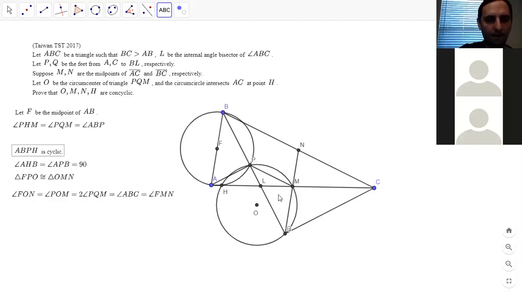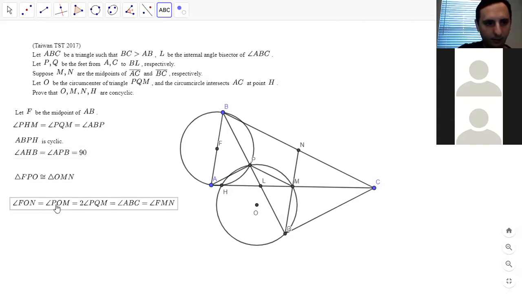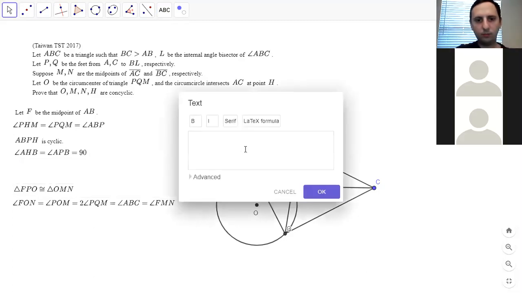So we have that F, H, M, and N lie on the 9-point circle of ABC.